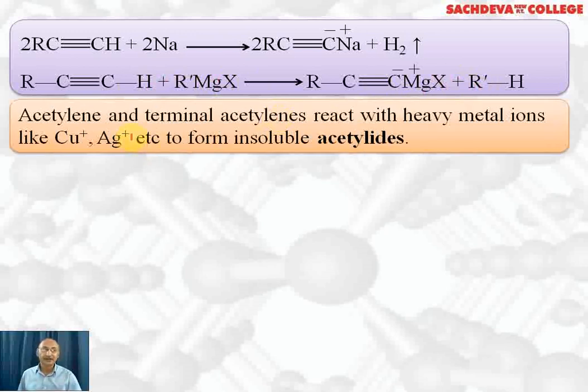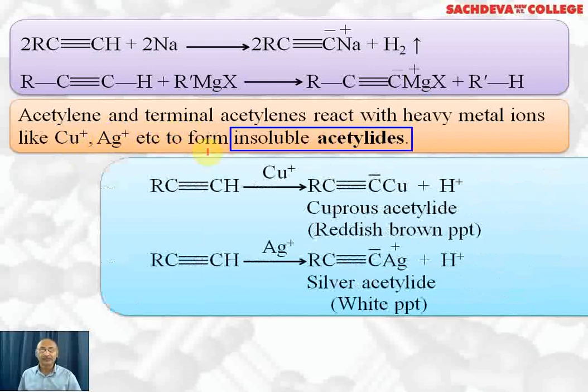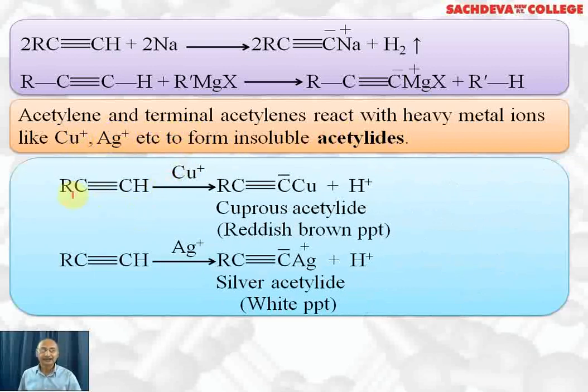These are the tests for acetylene and terminal alkynes with heavy metal ions like Cu+, Ag+, etc., to form insoluble acetylides. The first test is the ammoniacal cuprous chloride test. When terminal alkynes or acetylene react with ammoniacal cuprous chloride, which mainly gives cuprous ions, this hydrogen is replaced by copper and we get cuprous acetylide, which is a reddish brown precipitate.